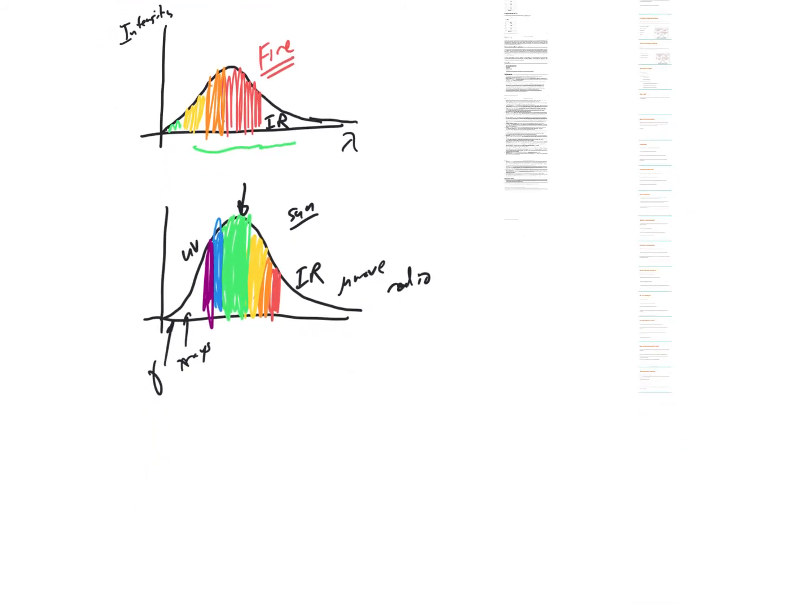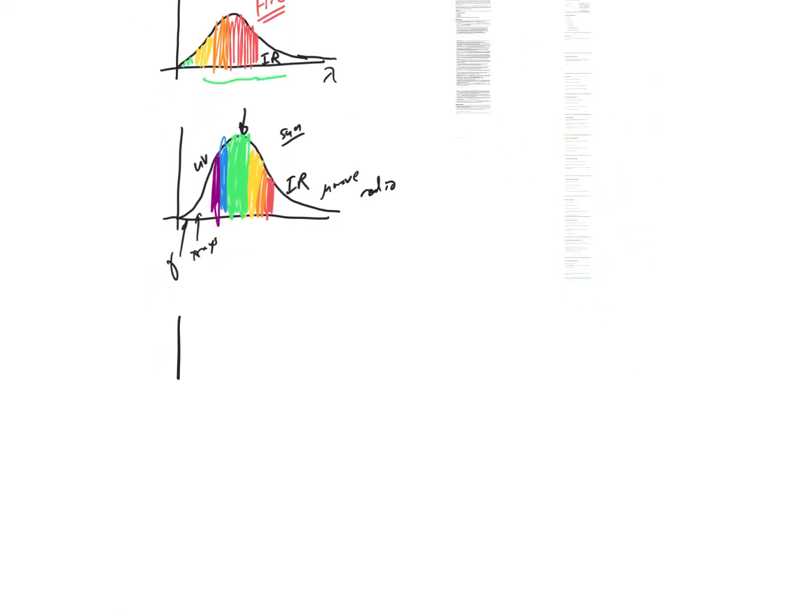What if you get a bigger star? What if you get one of those really big blue giant stars? What's going on there? Well, for a blue giant star, it's going to have that same shape, but it's going to peak in the blue.